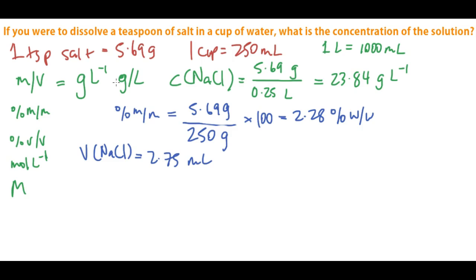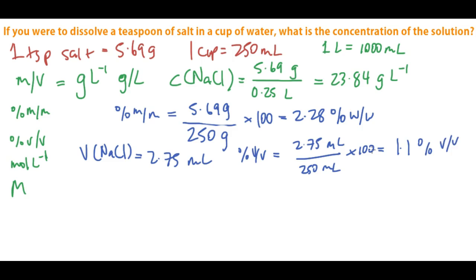So if that's our volume of salt, our percentage volume per volume is going to be the volume of our solute, 2.75 mL, over the volume of our solution, times 100. And that should give us around about 1.1% volume per volume of salt solution.